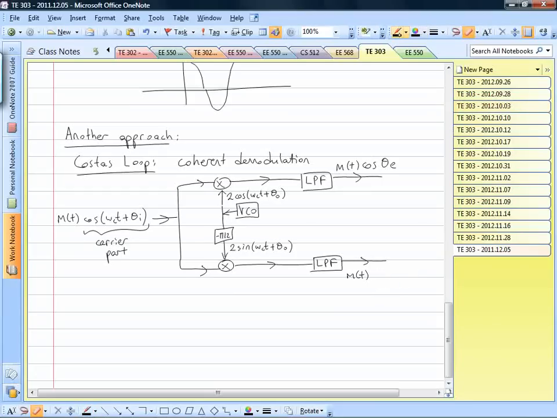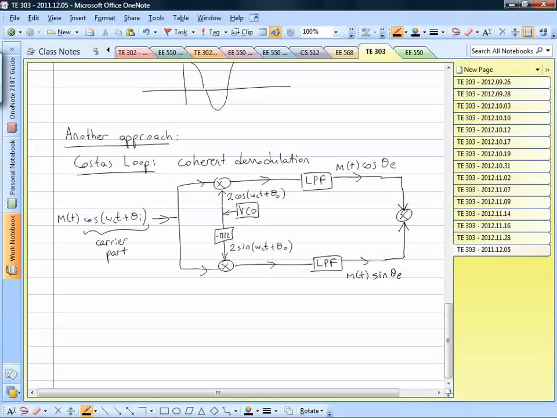So this again you should remember from the PLL discussion. I suggest you go back and remind yourself what happens if you multiply these two sinusoids, and then this is the output. Now we multiply these again.